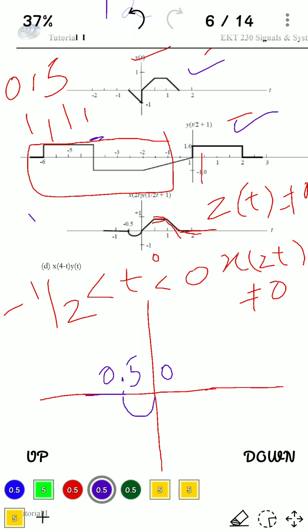Therefore for 0.5 you get an amplitude of 1. Because of that, you drastically increase the signal like this till 1 for 0.5. So this line is my 0.5, right?